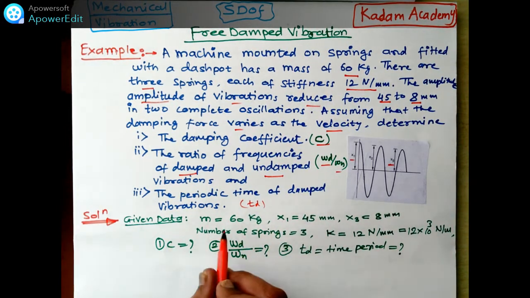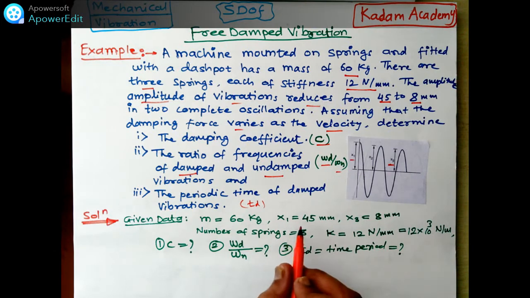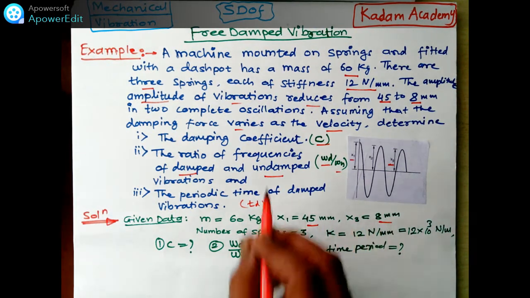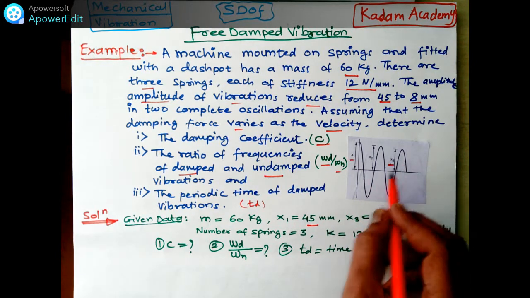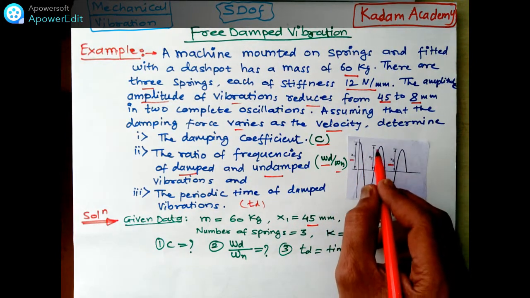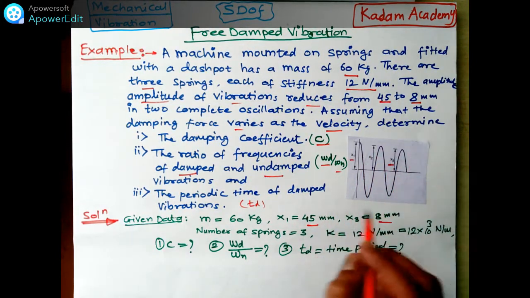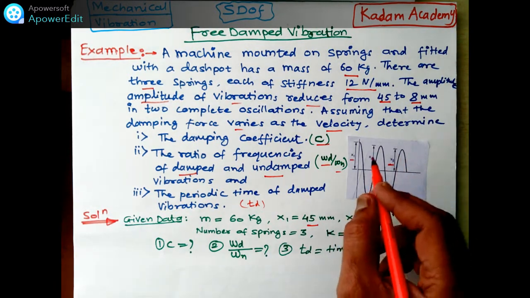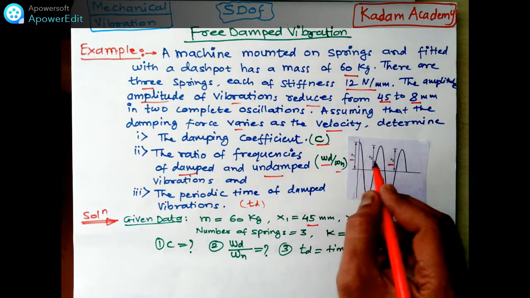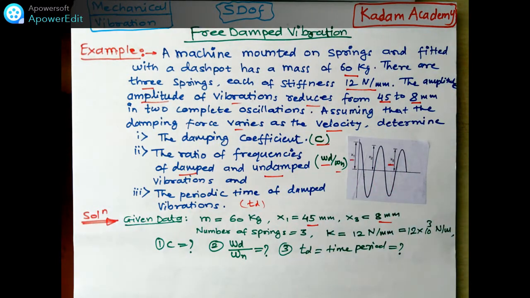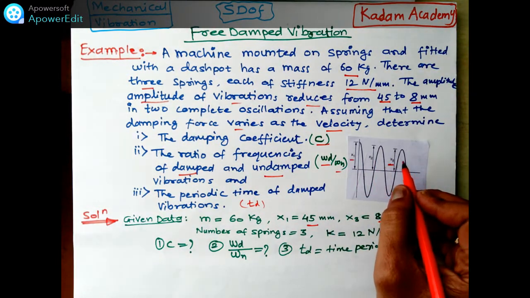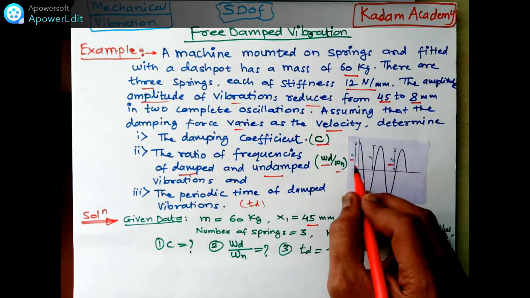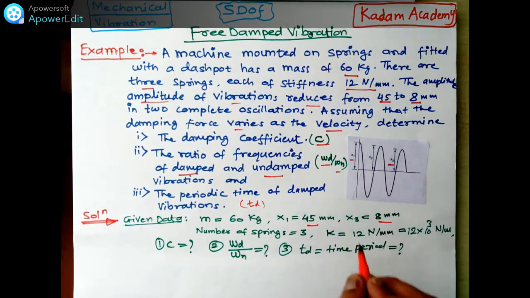So friend, what is the given? M is given 60 kg, x1 is 45 and x3, 3 oscillations are drawn. Oscillations are 2, but x1, x2, x3 were drawn, and the amplitude x2 we don't know, but values of x1 and x3 are given to you, 45 and 8.